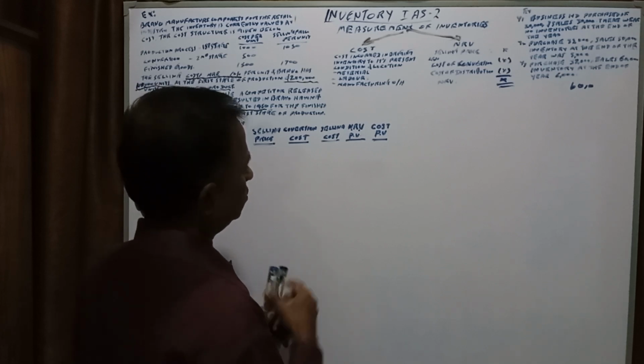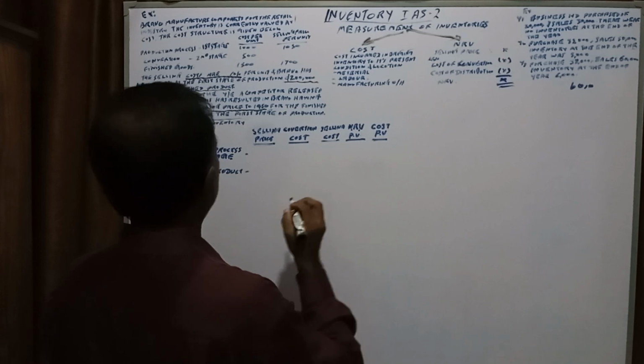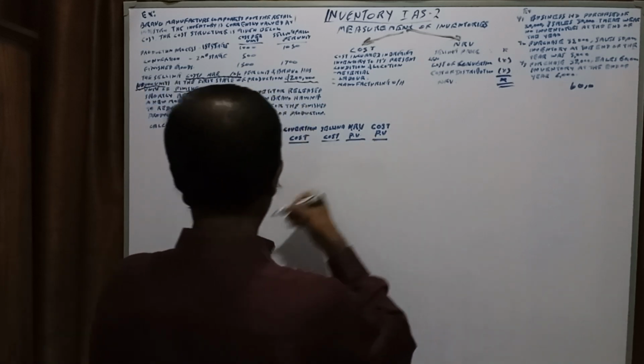That means cost per unit and the number of units in hand.